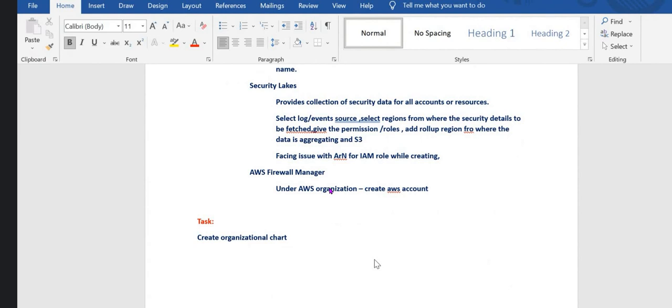Create an org chart with different roles and permissions for different users. That's the task.